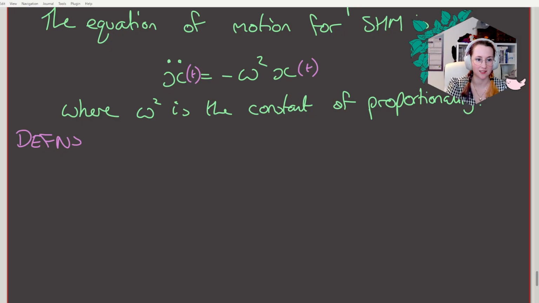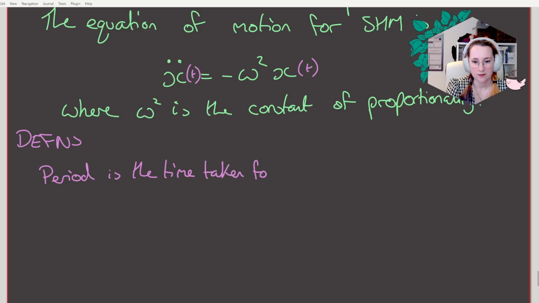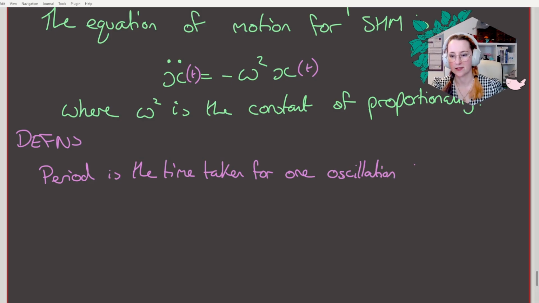We say it's oscillating. So we say that the period is the time for one oscillation. So that is T is 2 pi over omega. Not omega squared, omega.